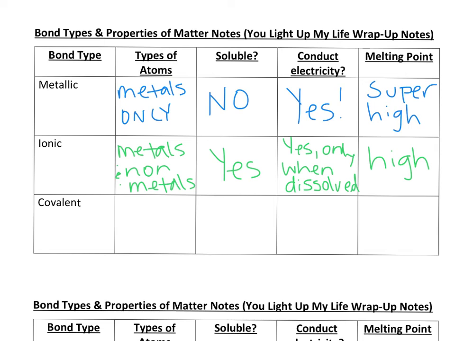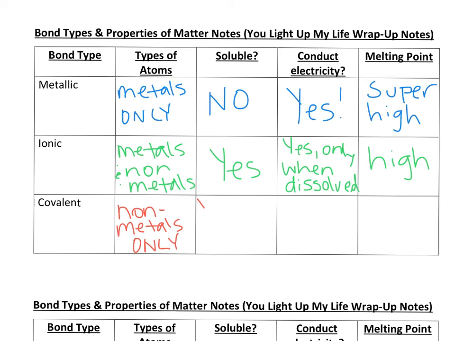And remember from our pre-lab, covalent is made up of non-metals only. Right? And these guys, well, some of them were soluble and some of them were not, right? So if you guys remember the sugars and the white powders, they were soluble, and we said that those were the polar covalent ones.